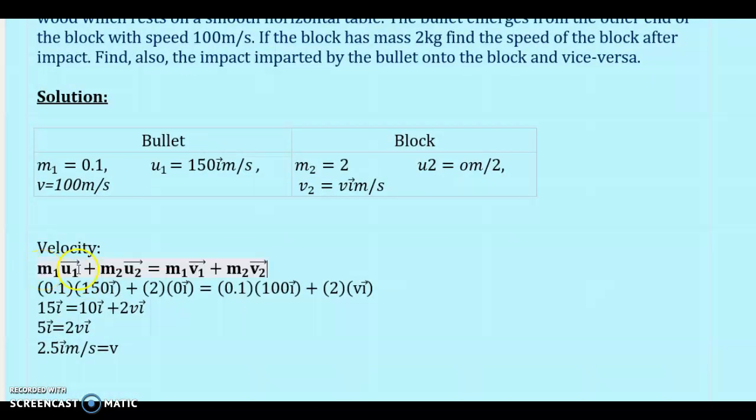There you go. Okay, and then just sub in my m1, u1, m2, u2, m1, v1, m2, v2. And I can work that out, and I get a velocity of 2.5i meters per second.